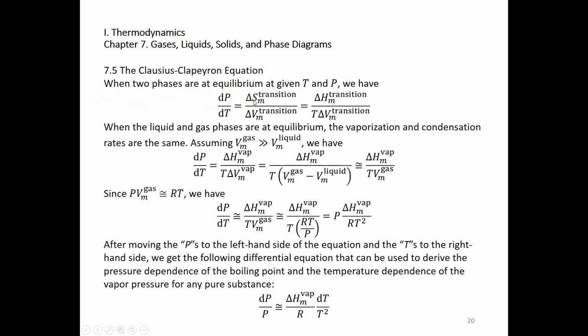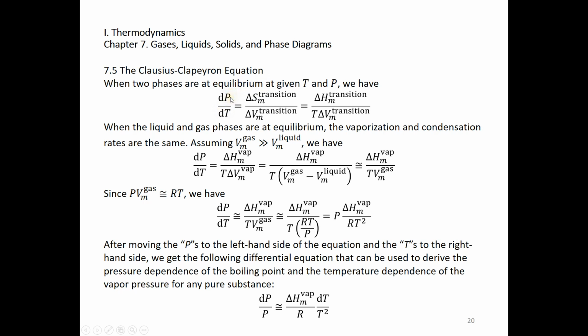The first data point is at pressure P and temperature T. The second point, we have P plus dP as the pressure and T plus dT as the temperature. And we assume the molar Gibbs energy of the two phases are the same on these two data points, because we're talking about the equilibrium between two phases.